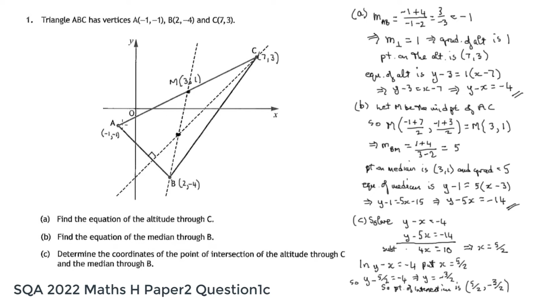That looks pretty good because A's y coordinate is negative 1, so it'll be slightly below where A is. So yes, it all very much ties up with the diagram, and that's therefore a sensible answer looking at the diagram. So there's question 1 solved.